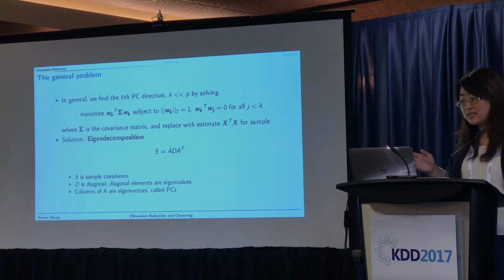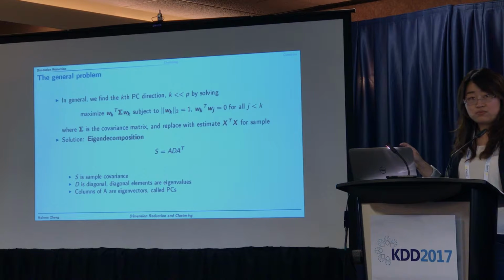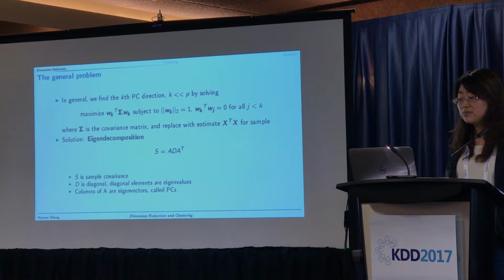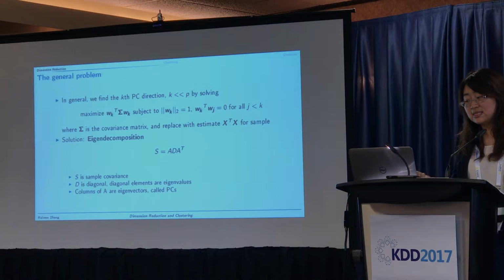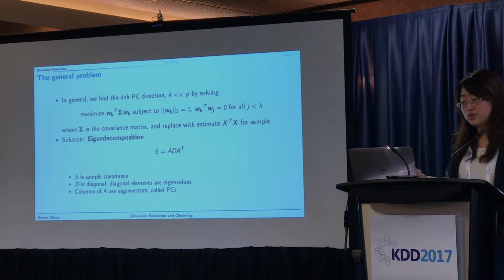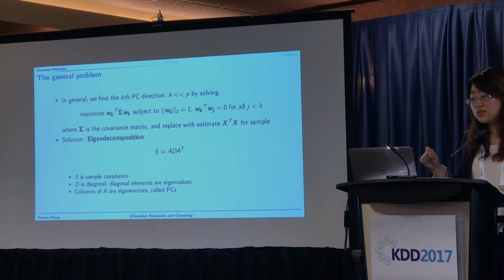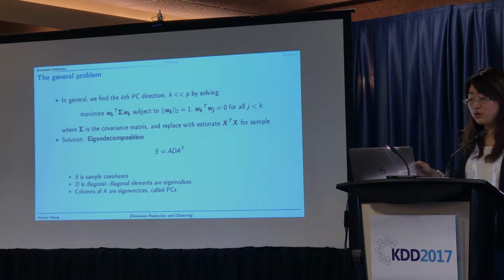The first is that the L2 norm of w_k is 1, and also the k-th w is orthogonal to any previous w's. For estimation purpose, we replace the population covariance matrix with the sample covariance matrix, and using eigendecomposition, we can solve for all the w's.